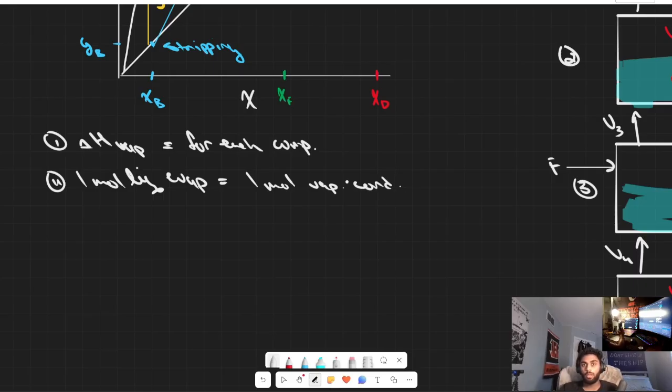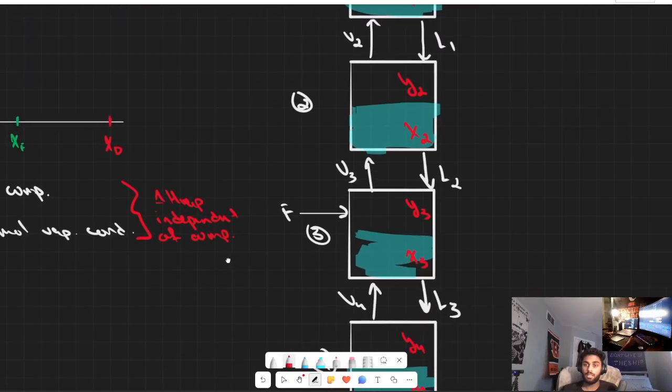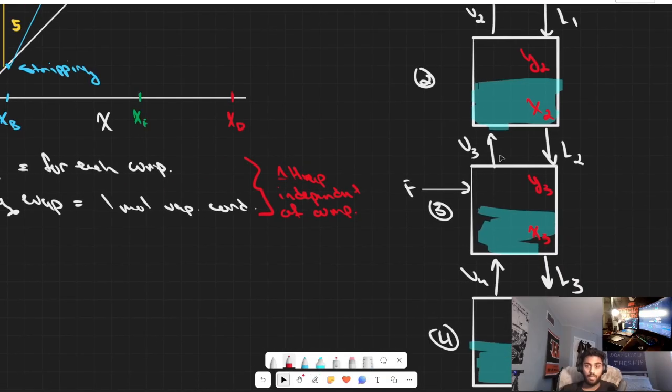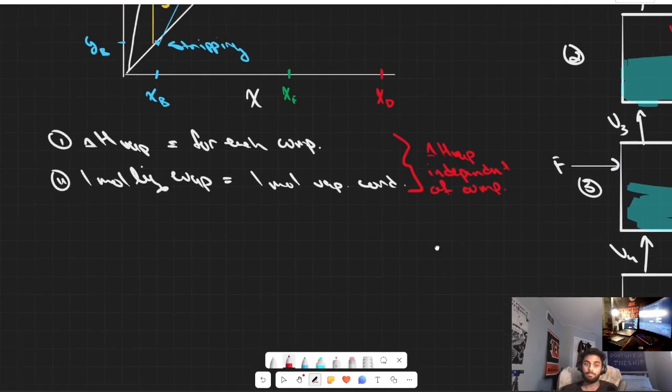So if I have 1 mole of liquid evaporating for every 1 mole of vapor condensing back into liquid, what that essentially means, these two in combination, is that the enthalpy of vaporization is independent of composition, which further tells us that our vapor leaving a stage and the liquid entering a stage is constant throughout the distillation column.